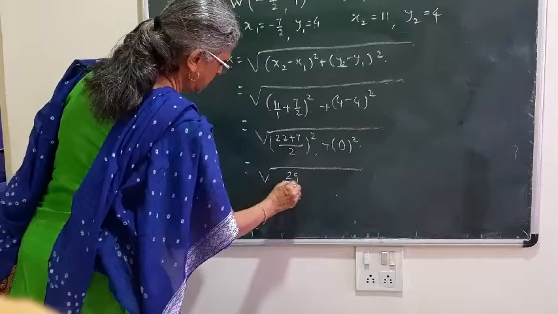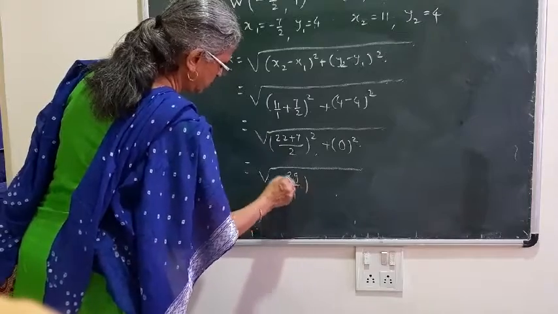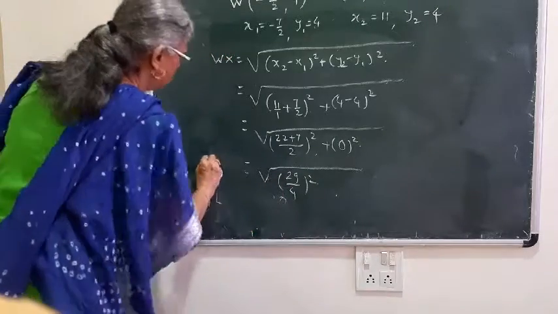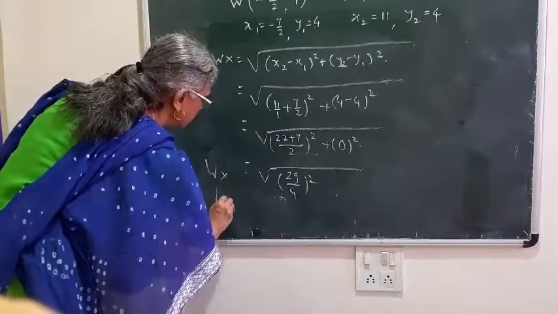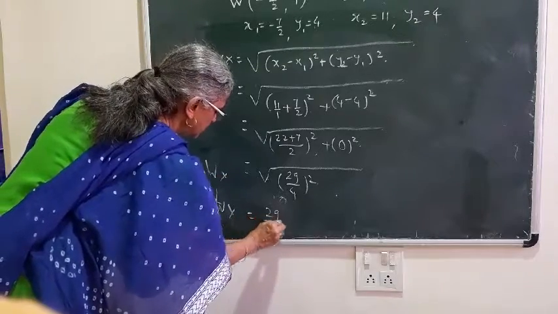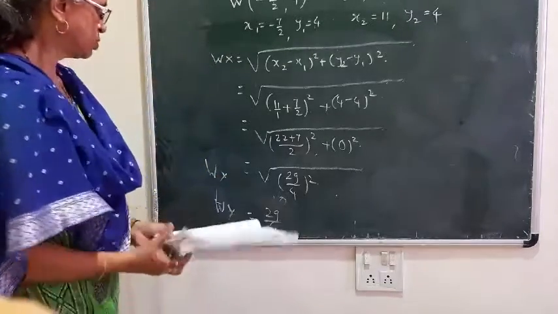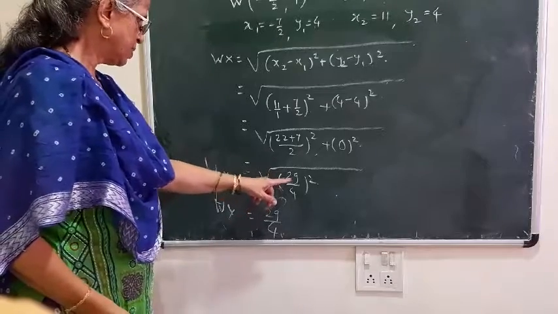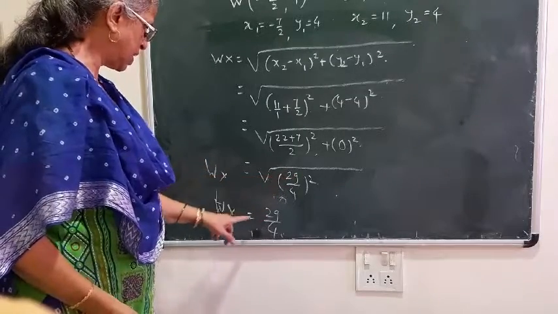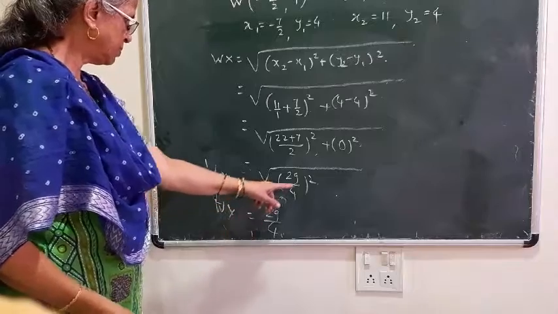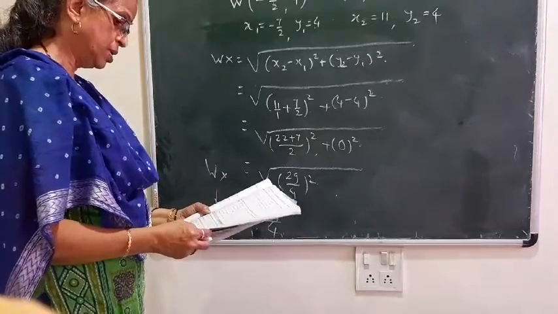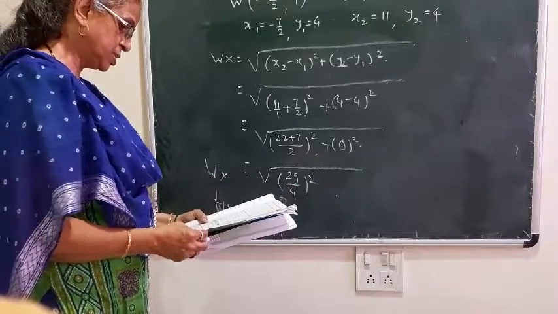So it is (29 by 4) bracket square, which is equal to WX. So WX is equal to 29 by 4. When you have the square root of a square inside the square root sign, it becomes just that, so 29 by 4 will be the answer for the sixth sum.